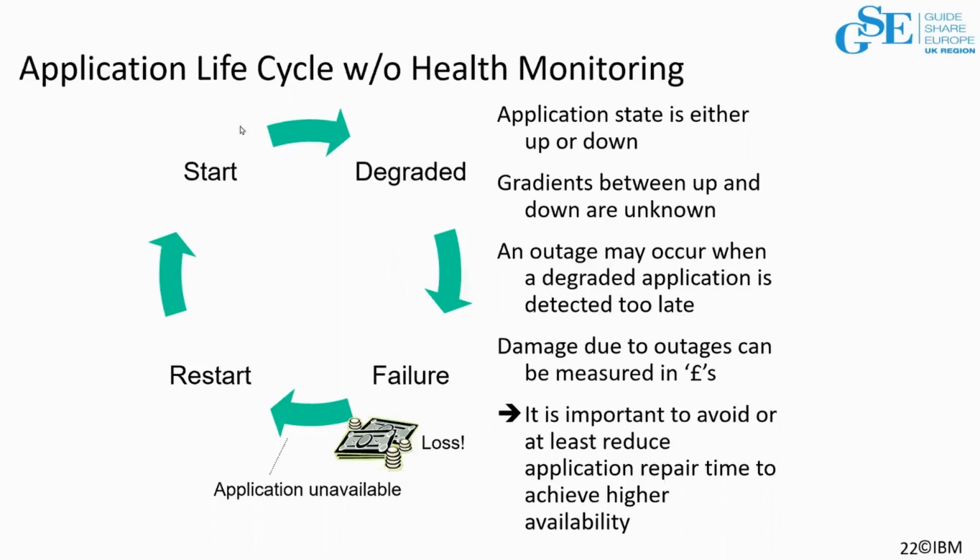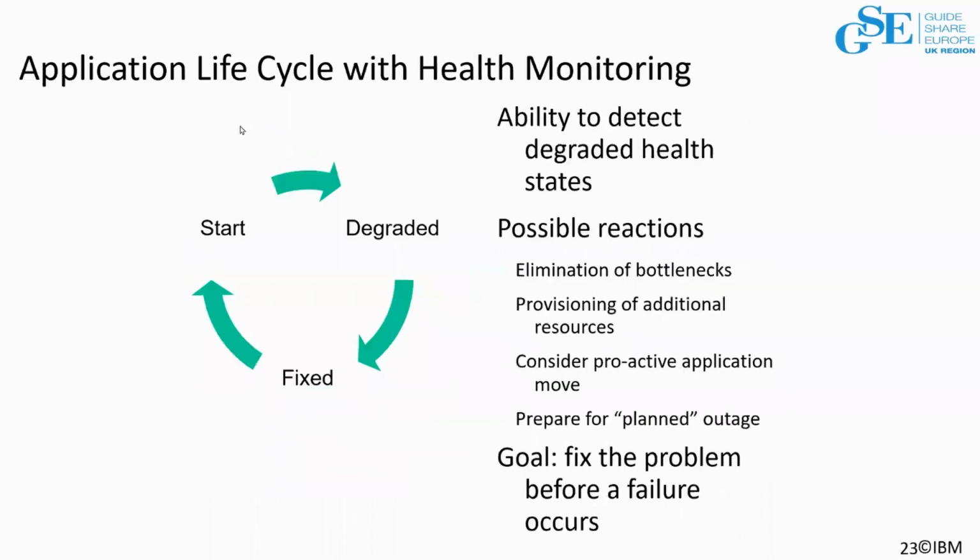And if you're not monitoring the health, an application that's degrading and gradually breaking, you won't detect until it's actually broken altogether. So once you've got a failure, you're losing money, and there's possible reputational damage. So the reason you want to do application lifecycle monitoring with health monitoring is to try and detect the degraded states before they become real problems.